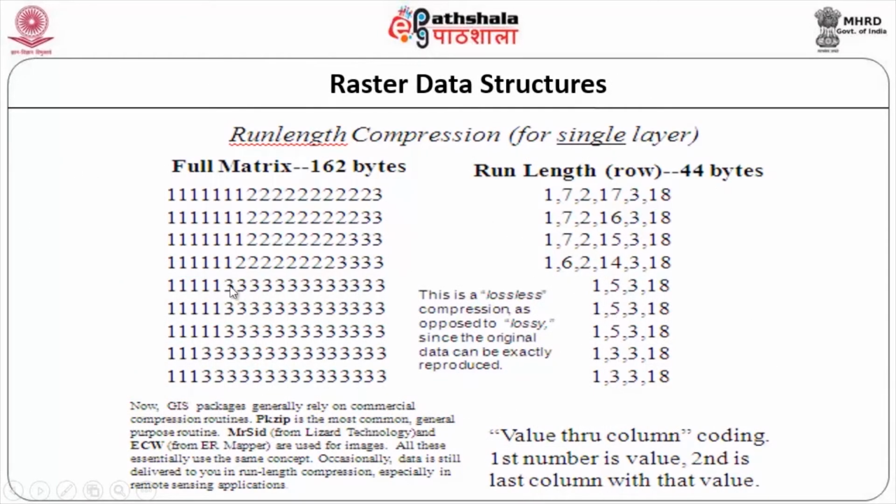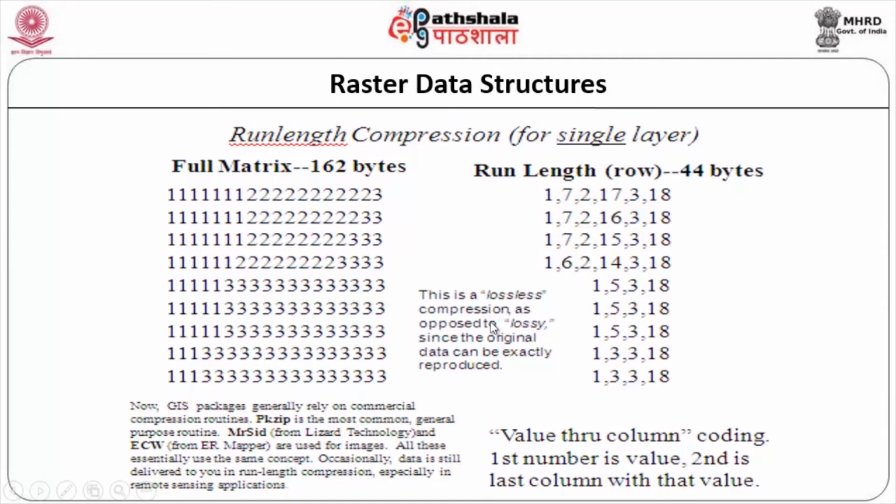If it is for a single layer, you can see here, if I am using the same method, that is your full matrix without compression, what will happen, and the same thing when I am using the run length code. Of course, I do not want to go to the details because I already explained to you. You can see the bytes. In the case of a full matrix, it is 162 bytes of data, and in the case of run length encoding, it is only 44, or almost 1/4.